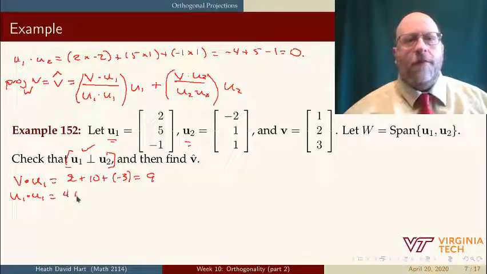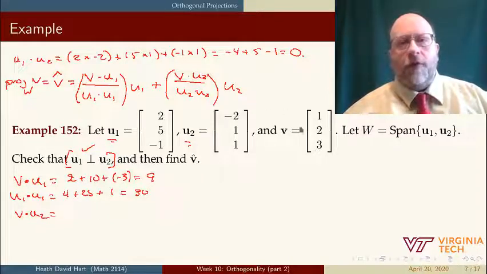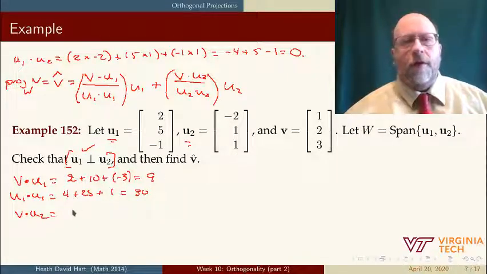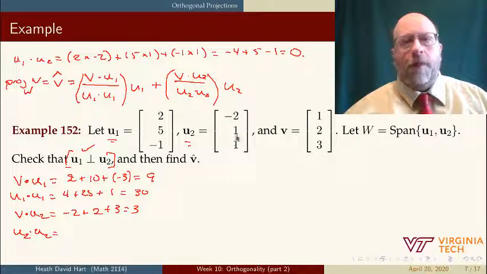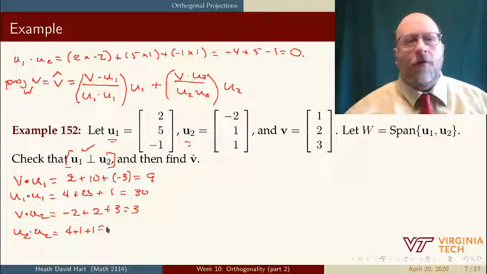That's 4 plus 25 plus 1 is 30. V dot u2, these two vectors, negative 2, and then positive 2, and then 3. This is 3. And u2 dot with itself is 4 plus 1 plus 1, which is 6.